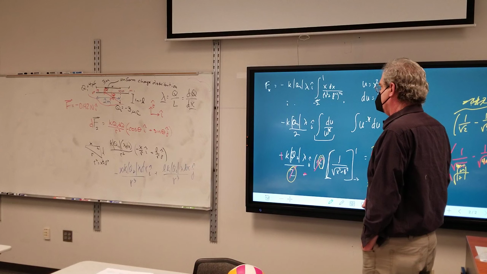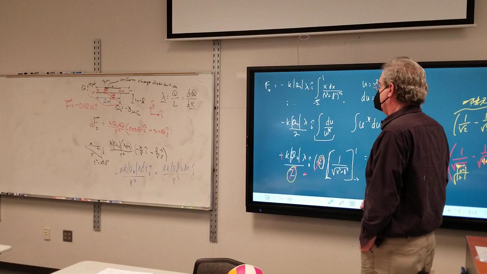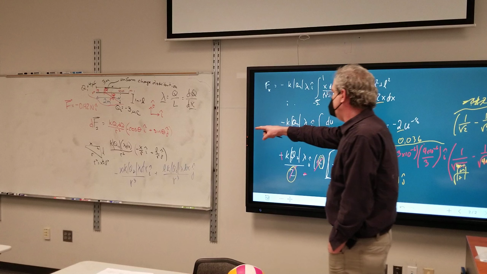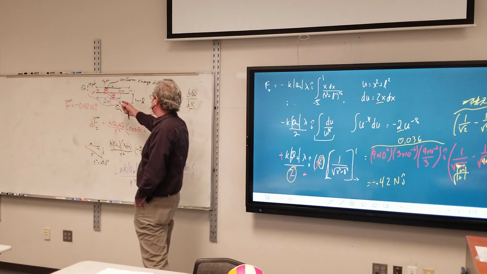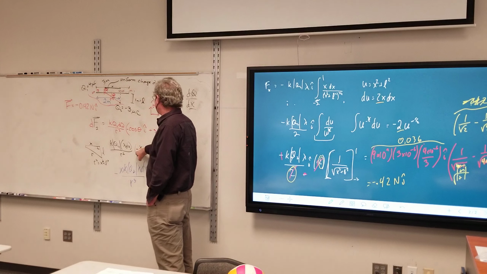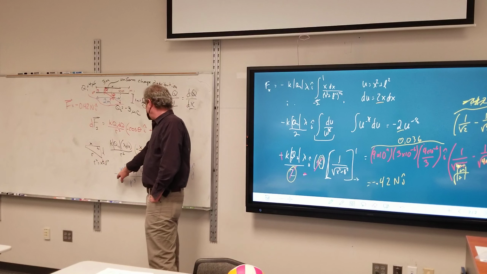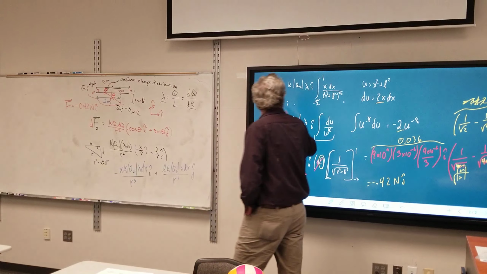Because we've got a minus sign here, because we thought through it, we know it's going to be in that direction. So we got the minus sign there. That minus sign translates down to there, which then shows up here.